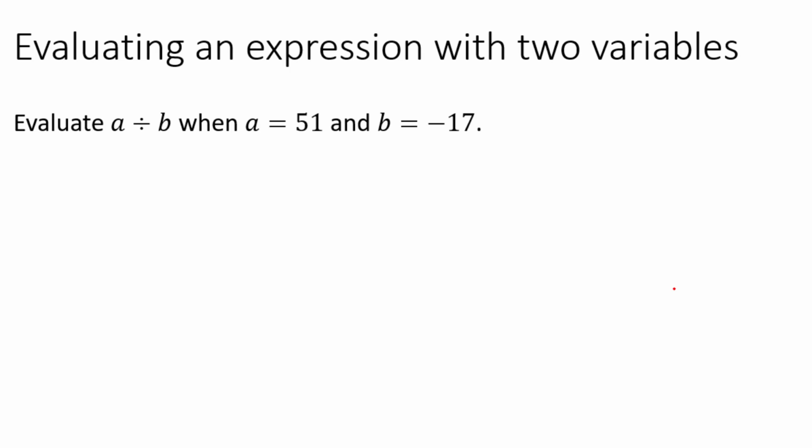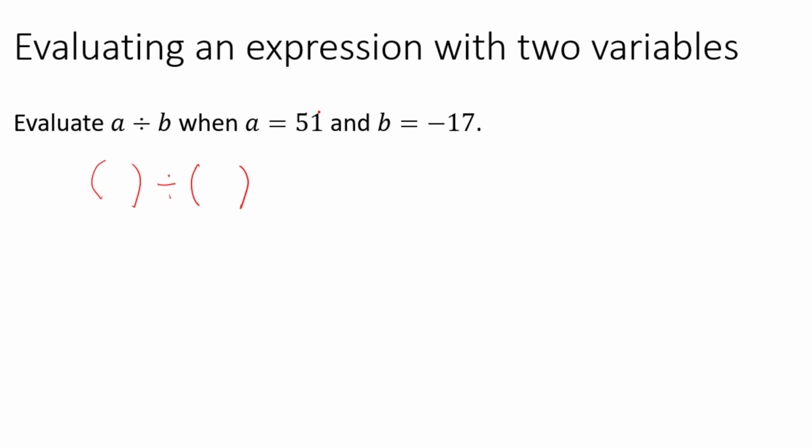Now we're going to evaluate for two variables. So it says evaluate a divided by b when a equals 51 and b equals negative 17. Alright, so first we'll write parentheses representing a and parentheses for b. So that's a and this is b.